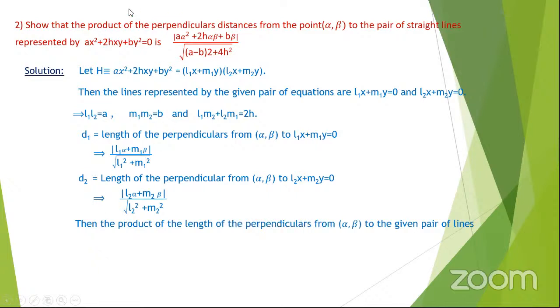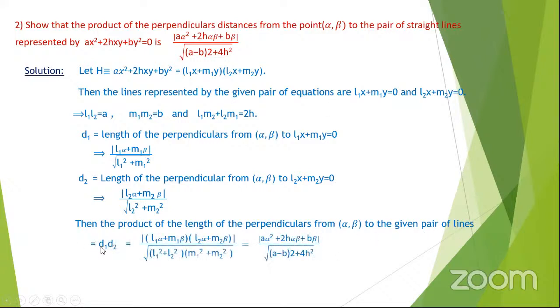As they are asking for the product of the perpendicular lengths from the given point to the given pair of lines, it is given by D1 into D2, where D1 is L1 alpha plus M1 beta by under root of L1 square plus M1 square, and D2 is L2 alpha plus M2 beta by under root of L2 square plus M2 square.